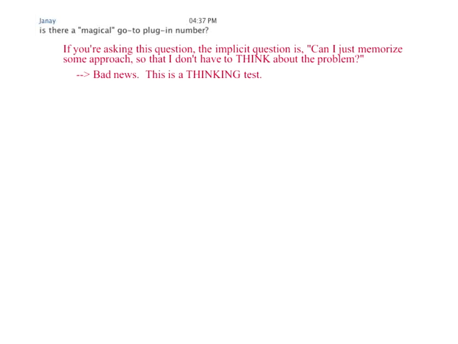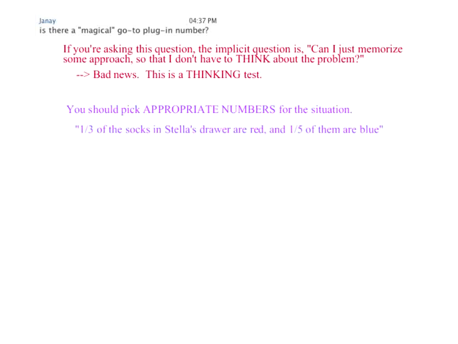The point more directly in response to this question is that you should tailor your numbers to the situation. You should pick appropriate numbers for the situation. So, for example, if 1/3 of the socks in Stella's drawer are red and 1/5 of them are blue, then 1 would be an obviously terrible choice for the number of socks in Stella's drawer.